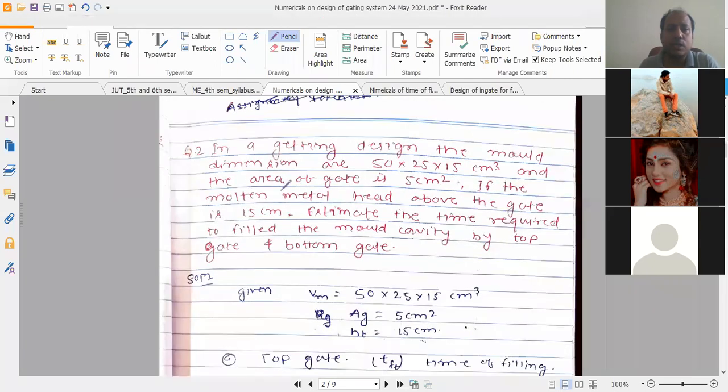Now the another question is, in a gating design, the mold dimensions are 50 into 25 into 15 centimeter, and the area of the gate is 5 centimeter square.